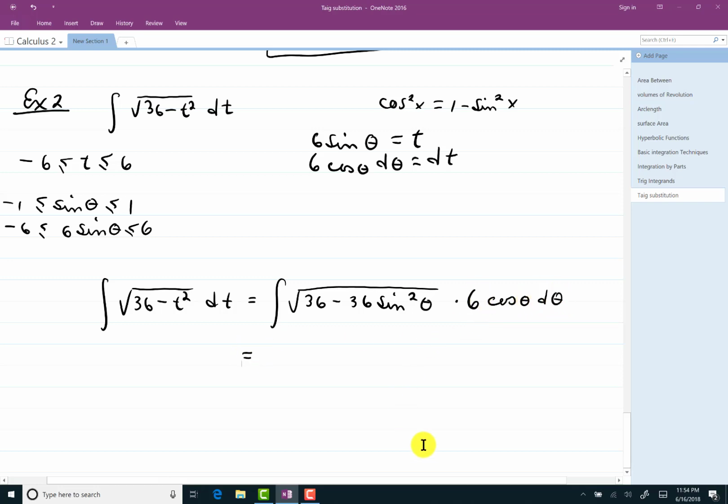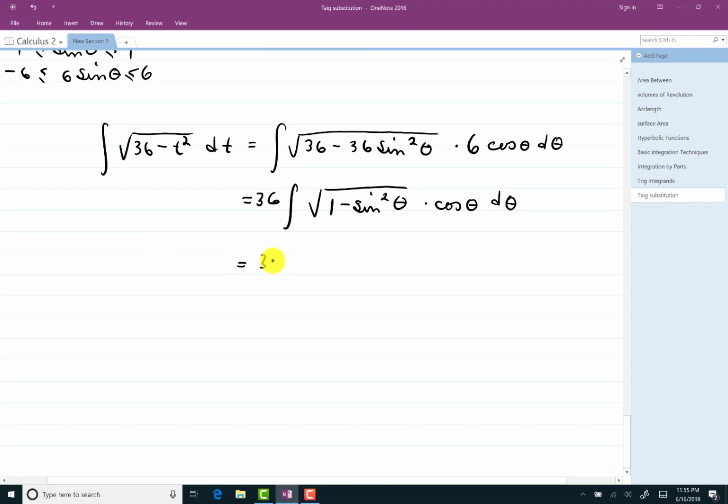Now this 6 I'm going to pull out front. Now right here I'm going to pull out a 36. I should probably have just done this at once. If I take out a 36 from this, it'll come out as a 6, and this other 6 will give me the 36. So I have 1 minus sine squared of theta times cosine of theta d theta.